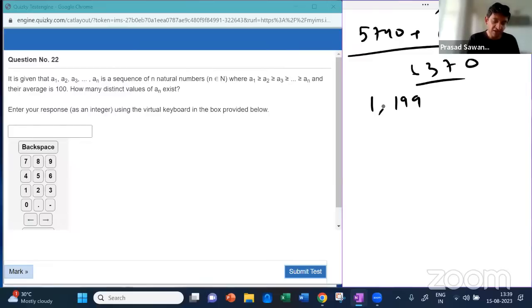If I have A1 as 2 and 198, even then my average is 100. But A1 cannot be less than 100 because it is greater than or equal to the others; it cannot be less than 100 is what I'm saying. So anything greater than 100.